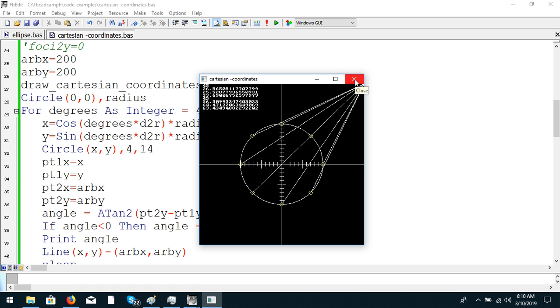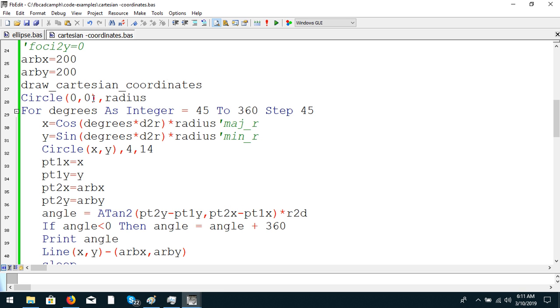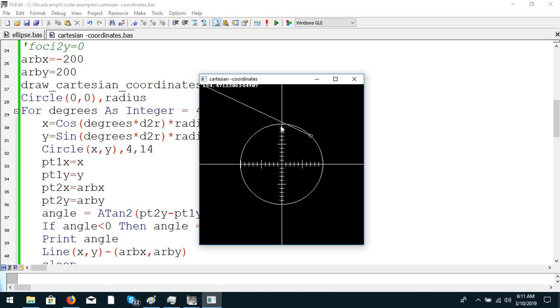And if I change my arbitrary point to somewhere else on the screen, let's say negative 200 on the x. Save and run. Okay, so here's point 1, there's point 2.